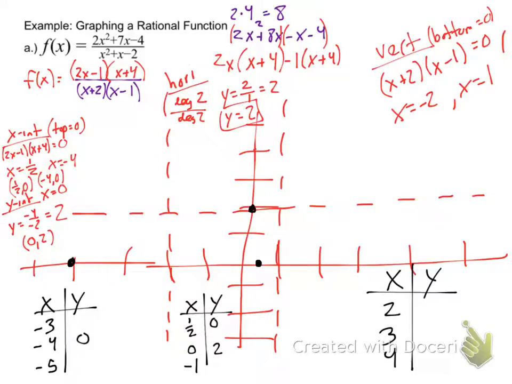To find any of these points, you can put -3 into the original problem, or into your factored form. Sometimes it might be easier to use the factored form, because then you'll only have 4 numbers to multiply and divide together, versus up here, where you might have to do a couple more adding and subtracting things. So whatever you feel is best.